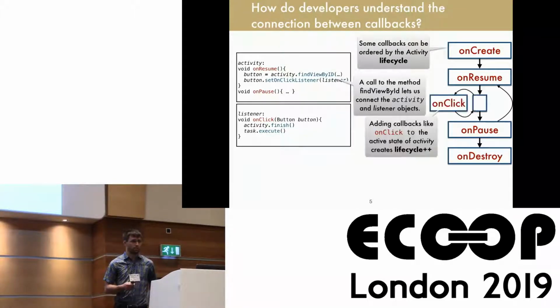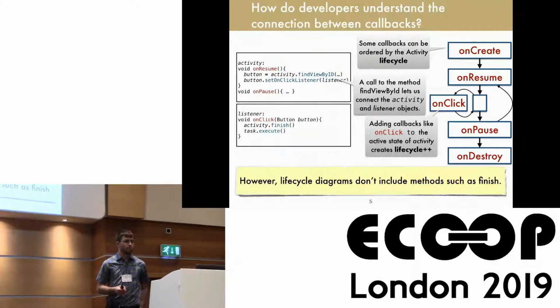And so there are extended life cycles that will attempt to put this onClick into the active state of the activity. And we kind of refer to this as lifecycle plus. But this still doesn't really capture the extra stuff that we need, how finish affects the system.